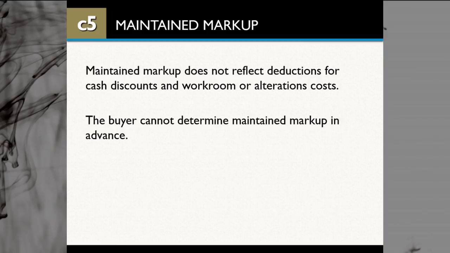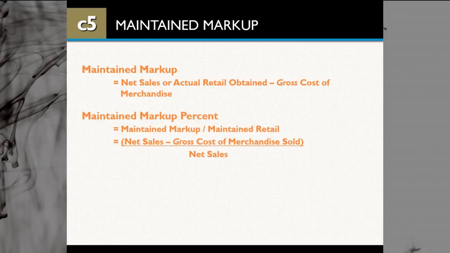And the buyer cannot determine maintained markup in advance, of course, because it's not your plan. It's an actual figure that you get from your actual sales and actual markup. Then how can you calculate your maintained markup? That will be net sales, or actual retail obtained, minus gross cost of merchandise. The gross cost of merchandise doesn't include your alteration cost or any cash discount.